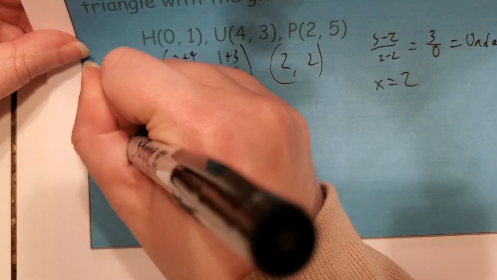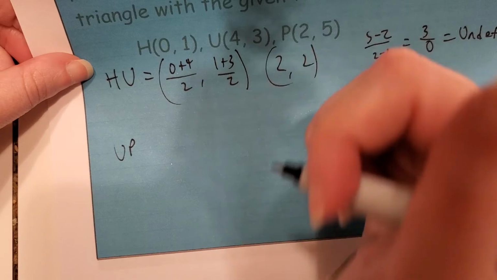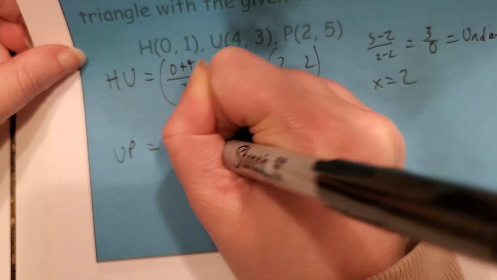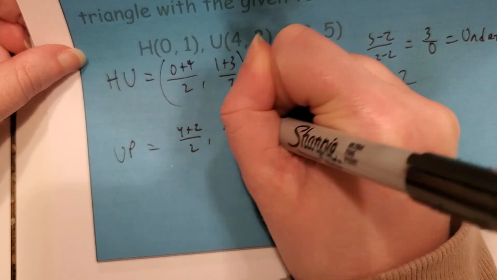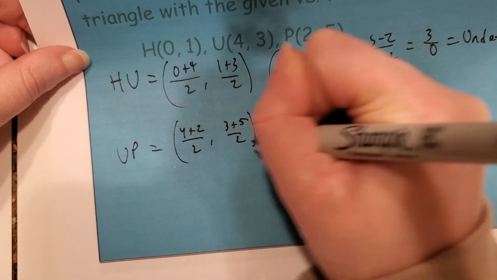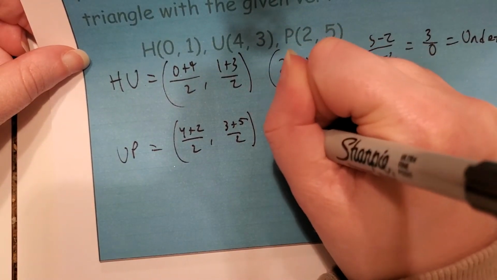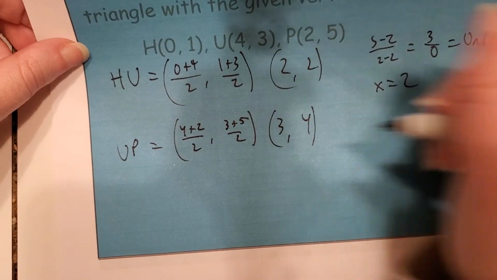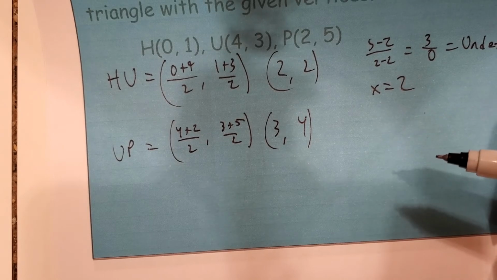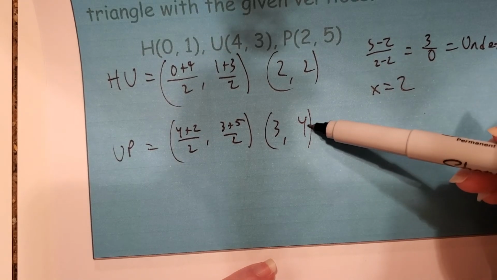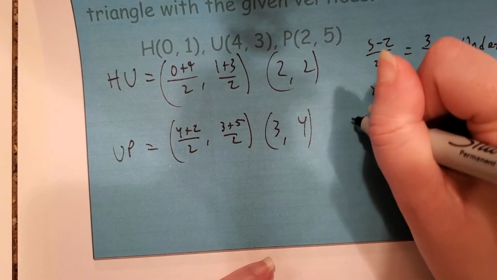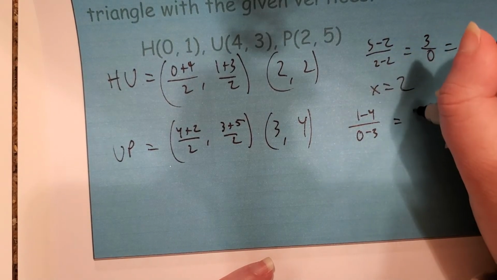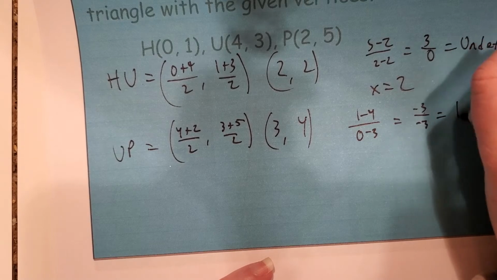Looks like it's probably going to be a similar situation to what happened with the last one. The midpoint of UP is 3, 4. All right. So we want the slope of this midpoint and point H. So 1 minus 4 over 0 minus 3 is negative 3 over negative 3, which is 1.